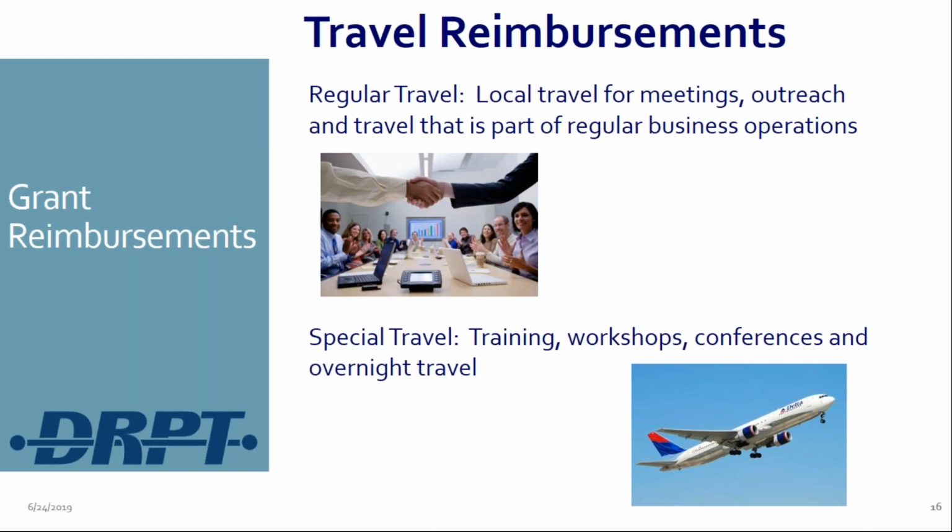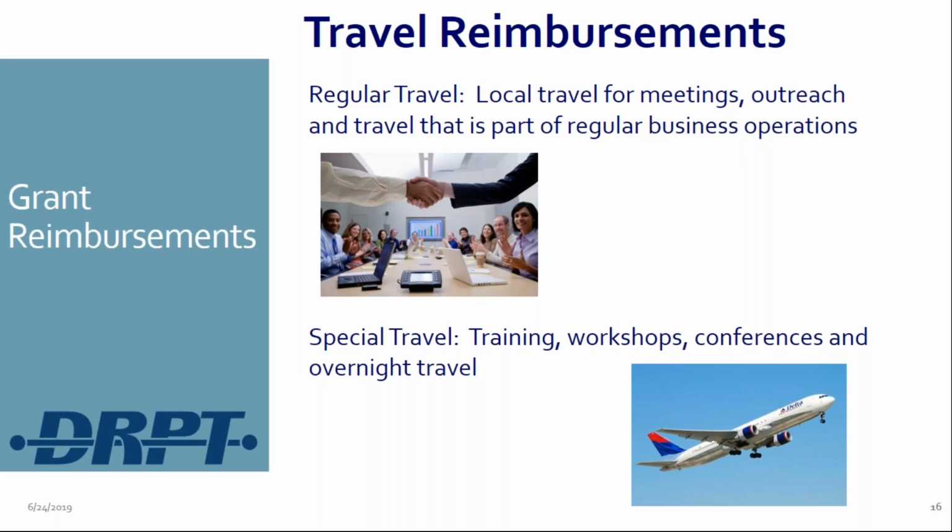So we wanted to cover travel reimbursements, and I sort of categorize them, and these are not official categories of travel. You can't go to any federal or state guidelines and say, here's regular travel and special travel. But for the purposes of this presentation, I just put travel into those categories. Regular travel means your travel to do your program. So you've got regular meetings, you've got outreach, you've got meetings with businesses or folks you have to go to, just more local travel.